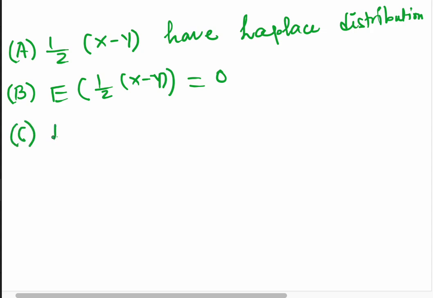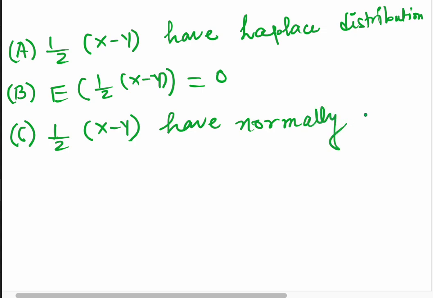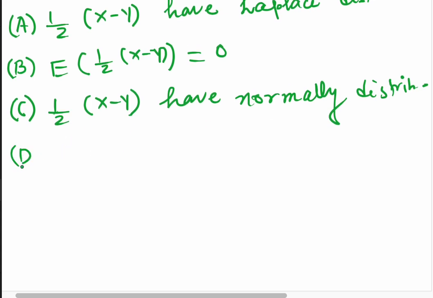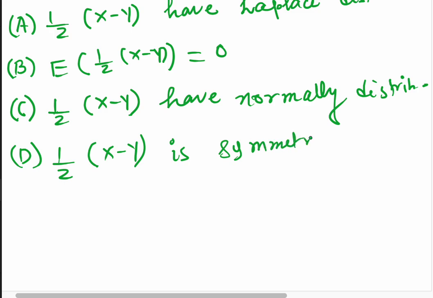C, half (x minus y) is normally distributed. And D, half (x minus y) is symmetric. So let's see.